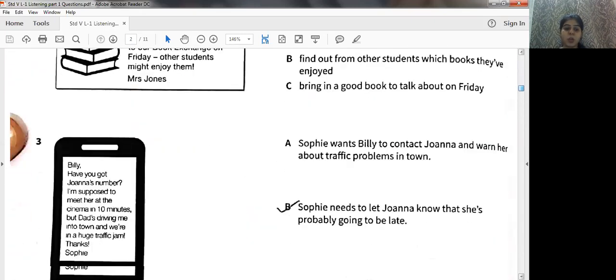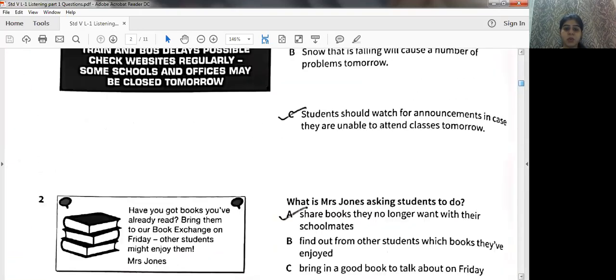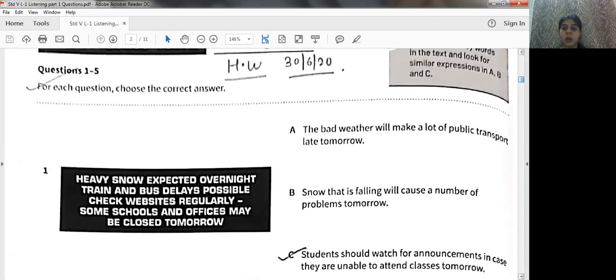Now students, open your textbooks to page number 54. This was the homework which I had given you in the previous video. Each text is given, and you have three options deciding what the text is trying to say or what the text is about.